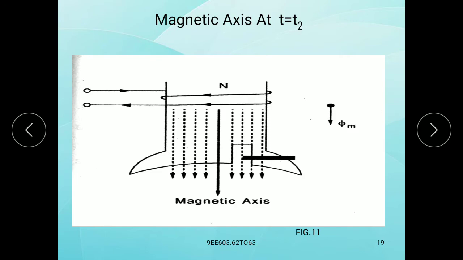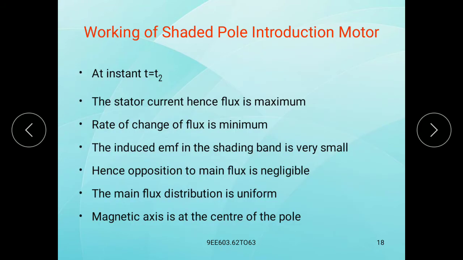Now, the magnetic axis at t is equal to t2, that means the flux is maximum, the rate of change of flux is minimum, and the magnetic axis is at the center. Here this is the phi m. Hence, opposition to main flux is negligible. Why? Because the induced EMF in the shading band is very small.